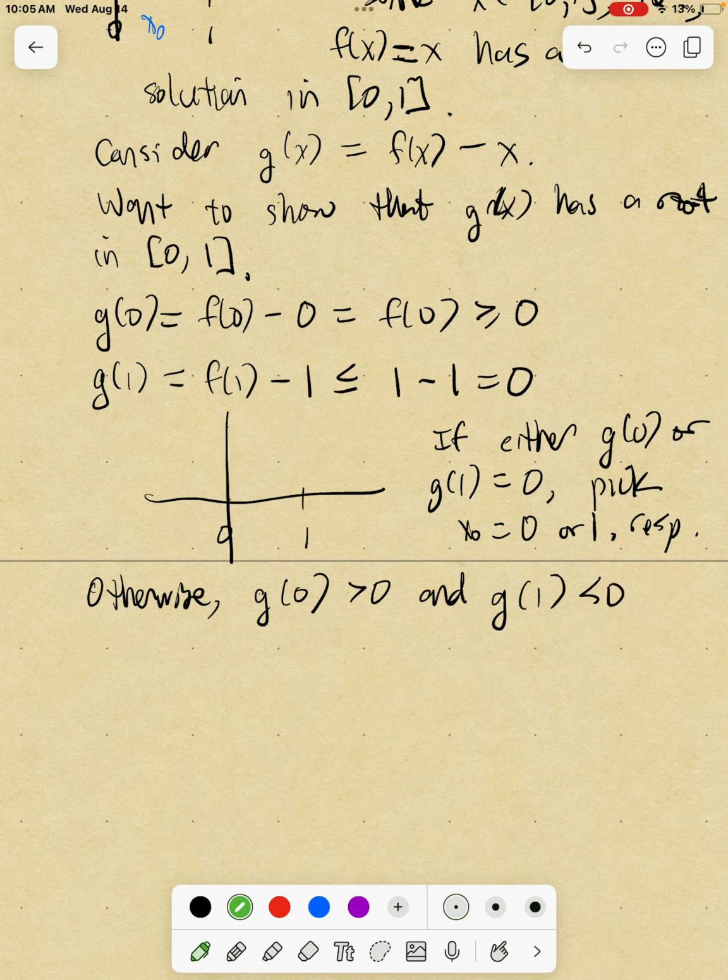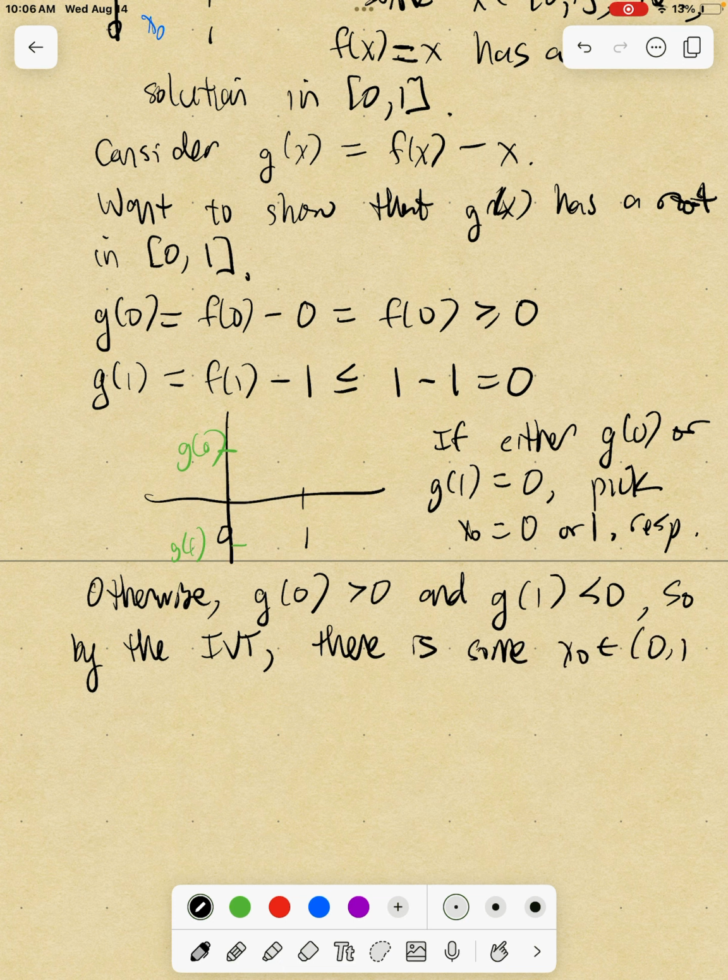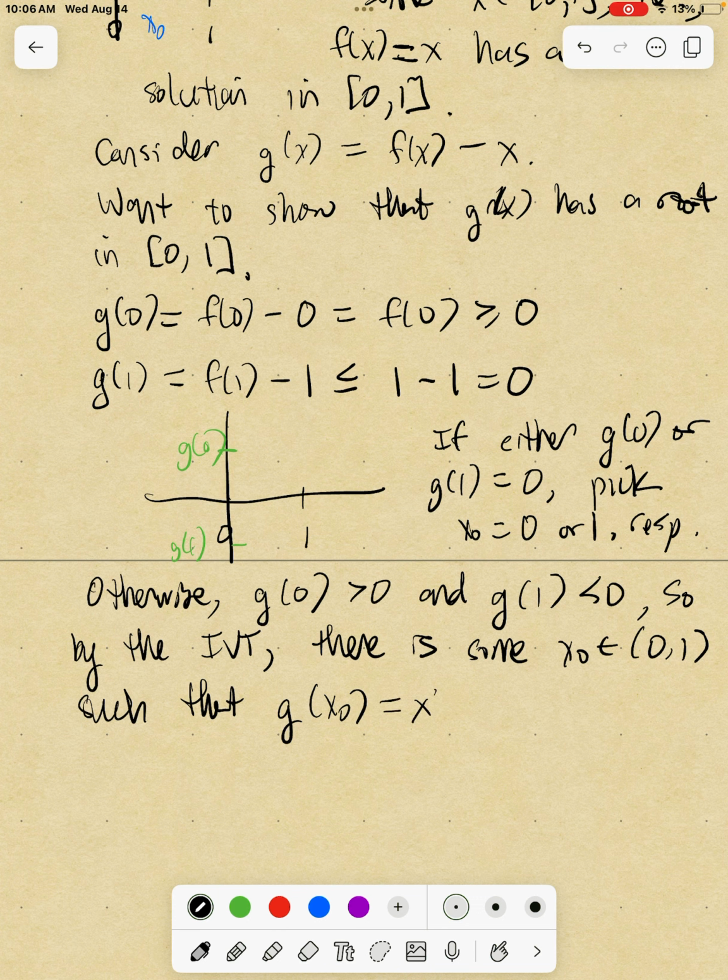So g of 0 will be somewhere here, g of 1 will be somewhere below, and then by the intermediate value theorem, there is some x naught in the open interval from 0 to 1 such that g of x naught equals 0. And in this case, f of x naught equals x naught. So that's the proof.